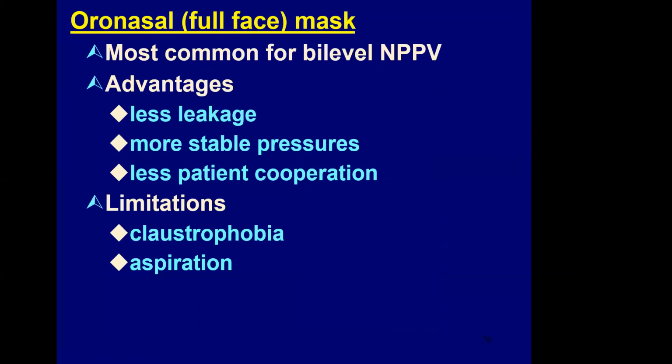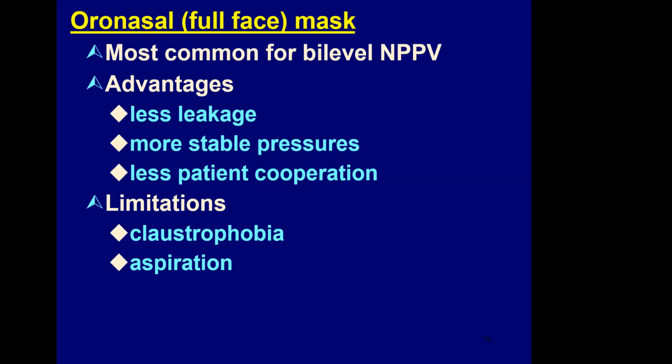The full face mask is the most commonly used for bilevel NPPV. The full face mask has advantages: there is less leakage than with the nasal. We can therefore have more stable pressures to deliver to the lungs.